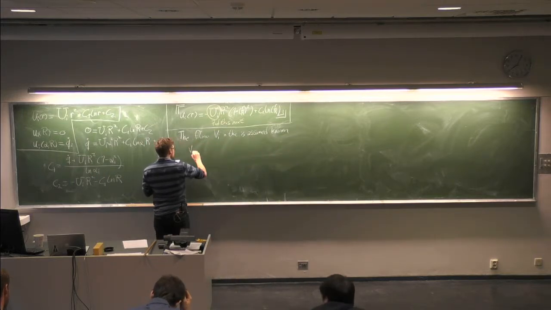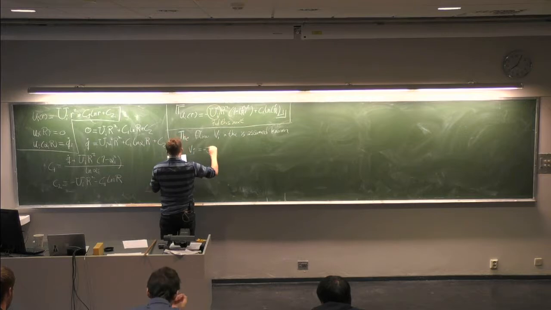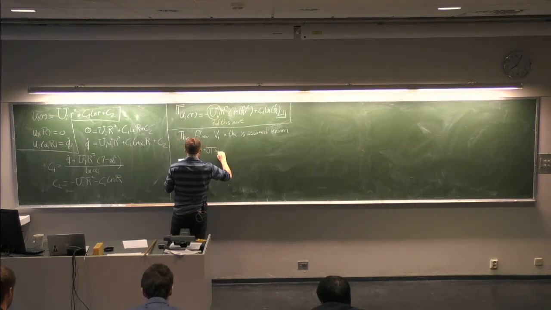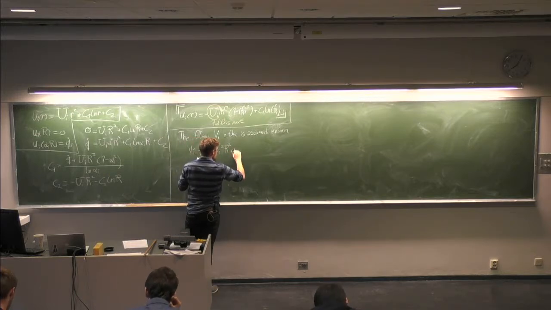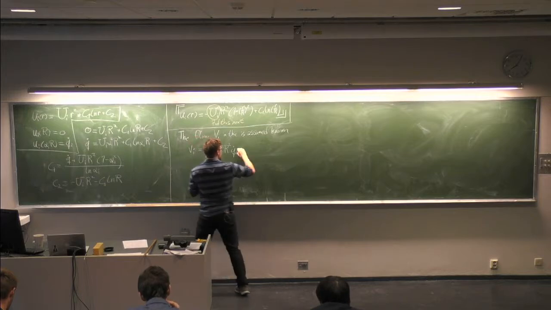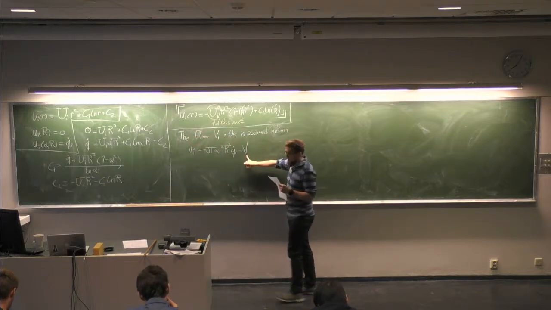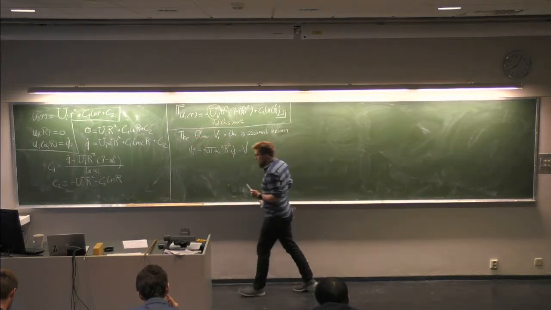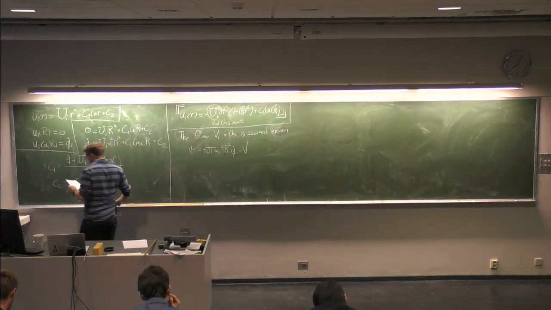And it should be vi equals, this is something I found in the attic, I squared qi dot minus v without anything, and this is v without a subscript.